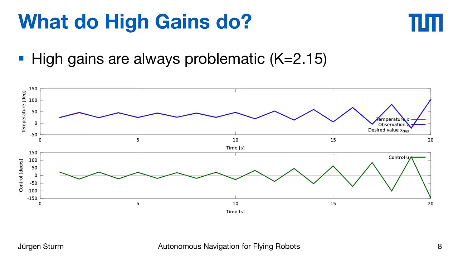For example, consider this example where we chose a coefficient of 2.15, and now what happens is that it always overshoots a lot because it finds that there is a 10-degree difference between the current value and the desired value, so it will multiply that by 2.15 and then add 20 degrees to that, and be much too high, and then in the next time step it will find that the temperature is way too high, and then reduce it and so on, and this will start to oscillate, and these oscillations will increase over time. So be careful with too large gains.